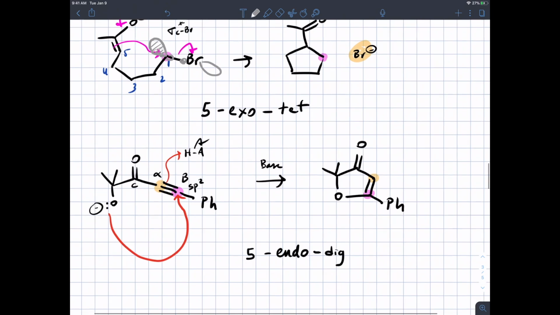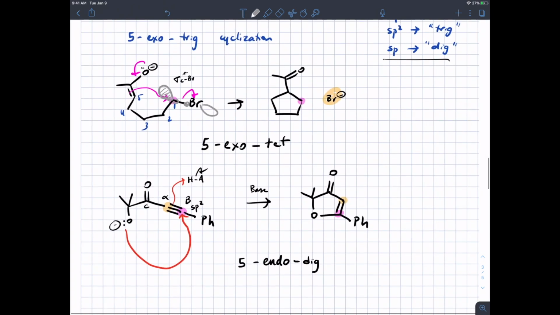Yes? So there isn't any such designation for the Baldwin's rules. A counterexample is this one, where 2 of the atoms in the ring are not single bonds.